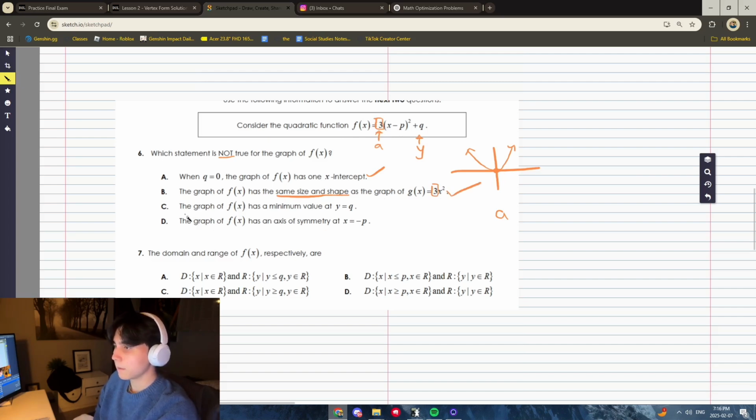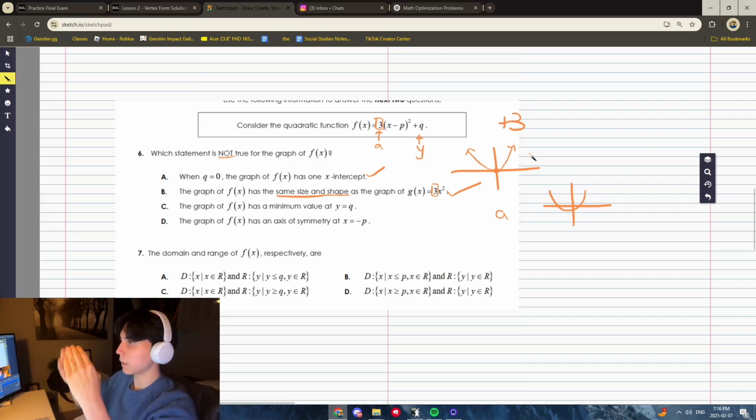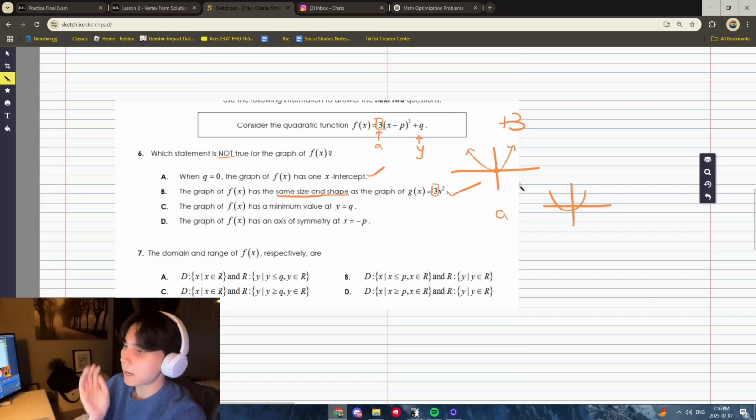So the graph shares a minimum value at y equals q. So in order for y to have a minimum, our A value has to be positive, meaning it opens up. It opens up if our A value is positive, in which 3 is a positive number, meaning we're going to have a minimum value at q, so this is going to be correct.